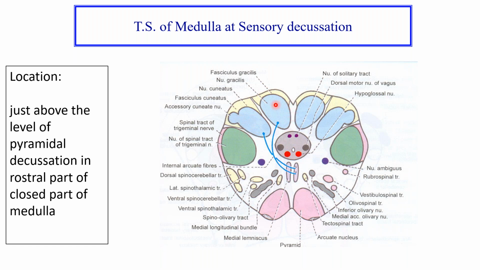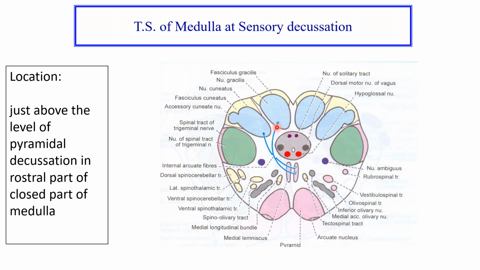From the posterior median sulcus, this is the area of nucleus gracilis and nucleus cuneatus, and at the periphery the fasciculus gracilis and fasciculus cuneatus on both sides, followed by the trigeminal nerve nuclei and its tract. Anteriorly, these are the pyramids. Because at this level the corticospinal tract has still not decussated, you form big pyramidal swellings over here.